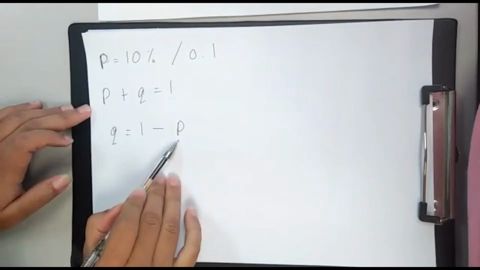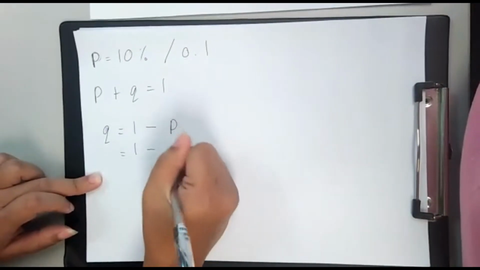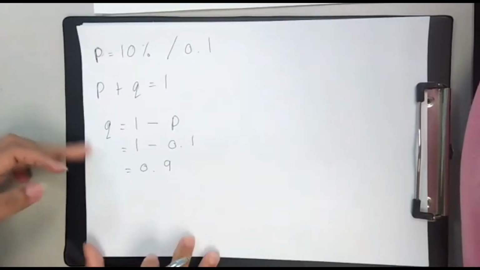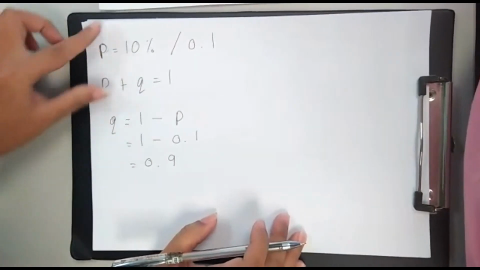As we know, p is 0.1. Therefore, 1 minus 0.1 equals 0.9. So, the probability of success and failure we have found.